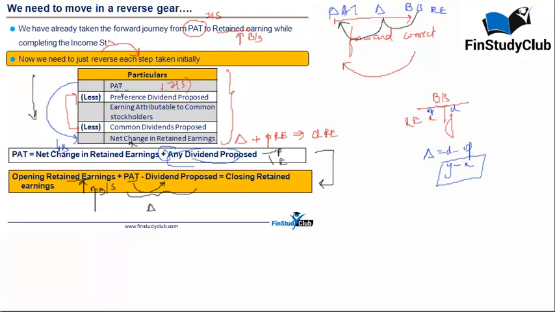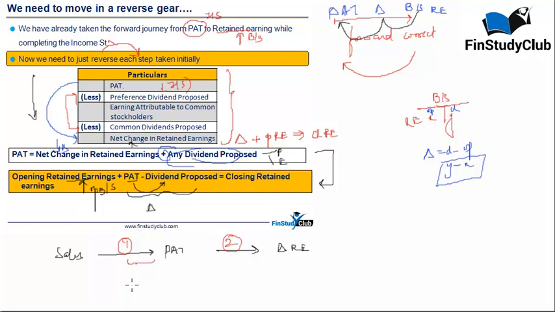The second point I wanted to highlight is that the journey is straightforward. It starts with PAT and ends at a further stage. Sales has become PAT, which has become change in retained earnings. I want to ask students whether profit before tax and provision for tax are part of stage one or stage two.